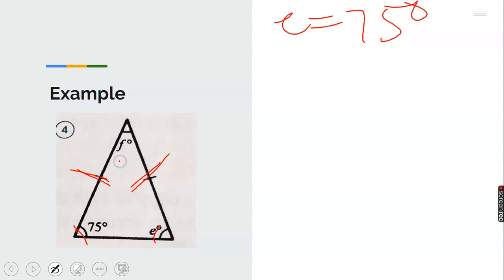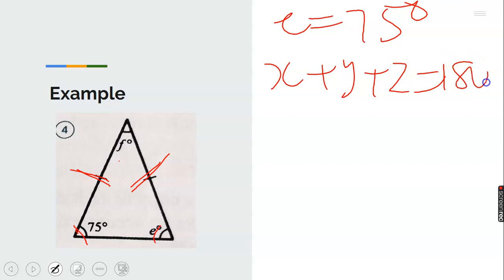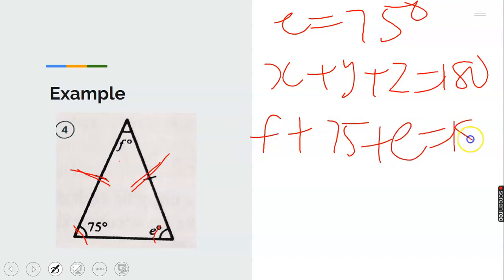Now, we can find F. We know that the sum of angles in a triangle is 180 degrees. We said x plus y plus z equals 180. But in this case, we are not using x, y, z. We are using F. That will be F plus 75 plus E equals 180.